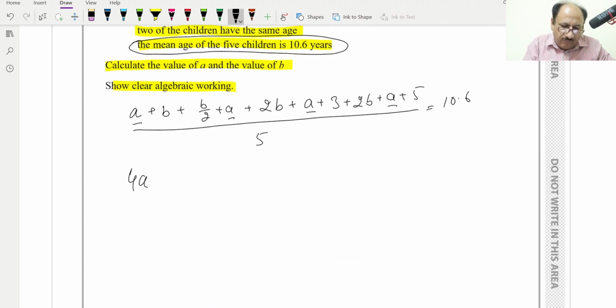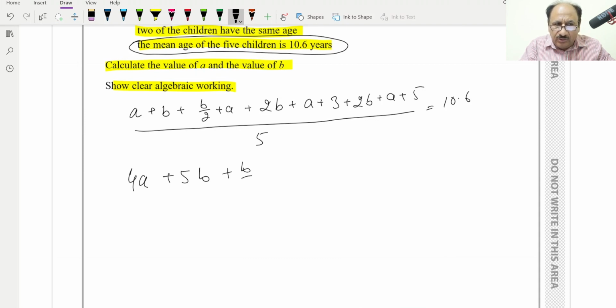So we'll write here 4A, and I'm just removing this fraction over here, and B will be 2B plus 2B, 4B plus B, 5B. So plus 5B and plus B by 2, and plus the constant we will write 5 plus 3 will be 8.